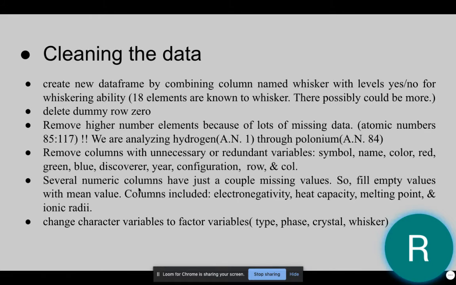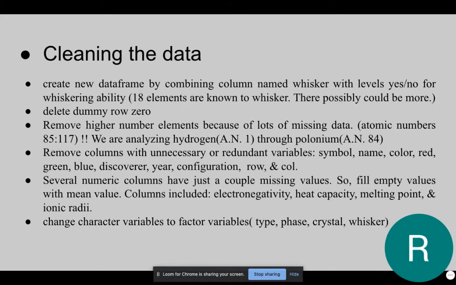Several numeric columns have just a couple of missing values, so I had to fill those empty values with the mean value. These columns included electronegativity, heat capacity, melting point, and ionic radii. We don't have every single data point on every single element.